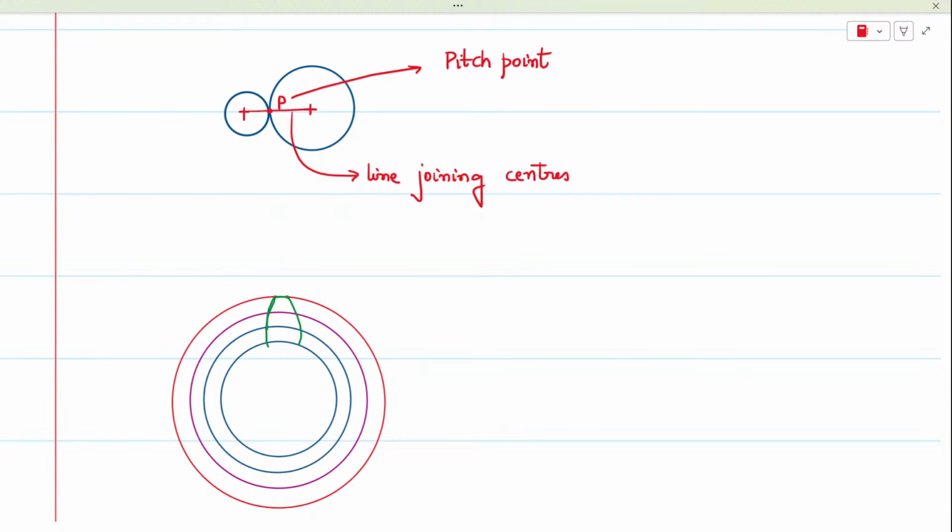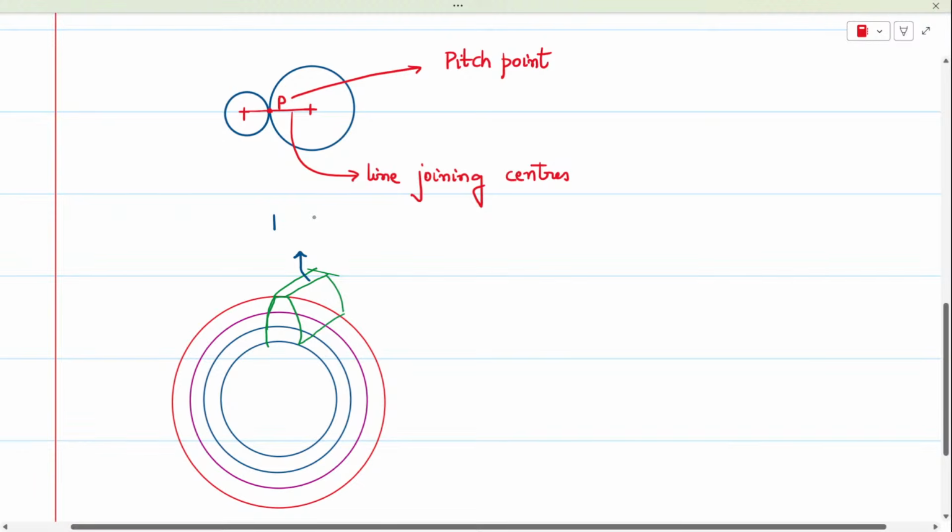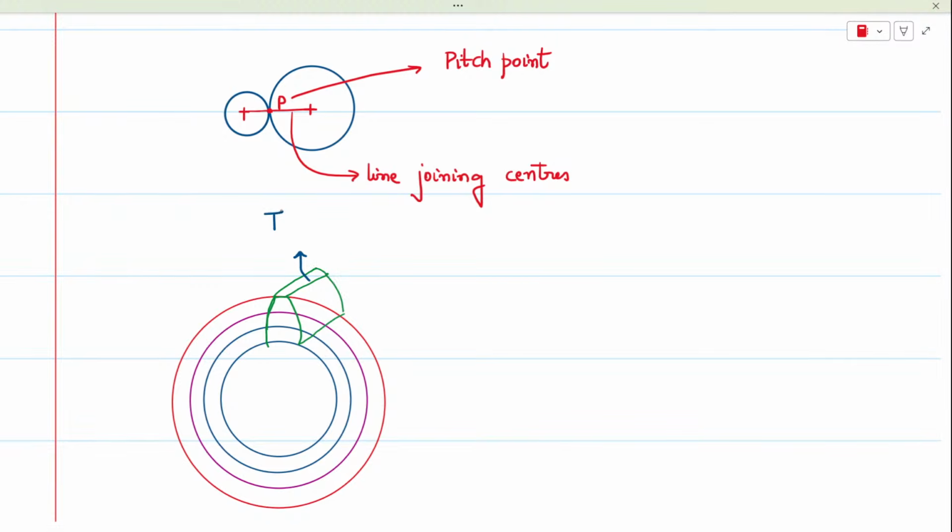Remember, this top surface of the tooth is called the top land.